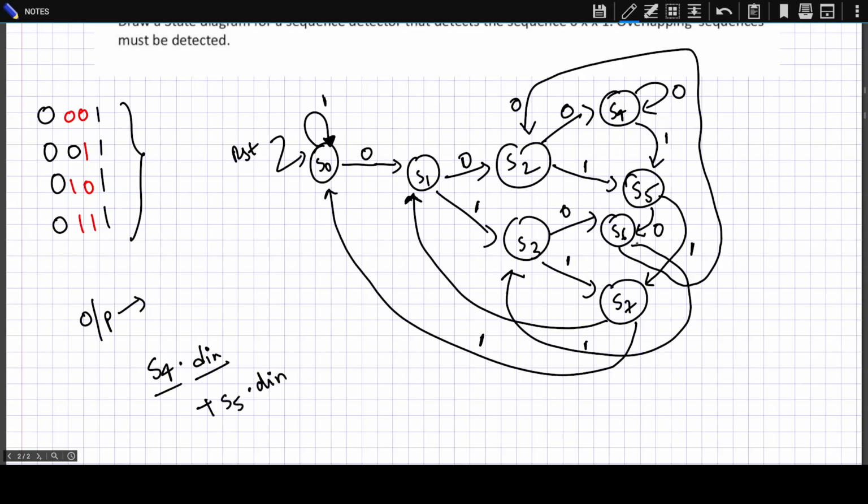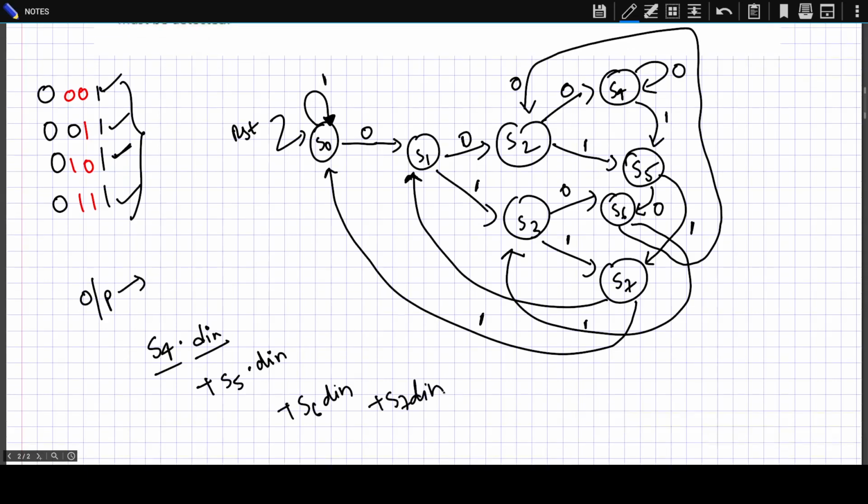Whenever we are in S6 and we get an input high, it would match this sequence. For S4 D in, it would match this pattern. For S5 D in, this pattern. For S6 D in, this pattern. For S7 D in, this pattern. Plus S6 D in, plus S7 D in.